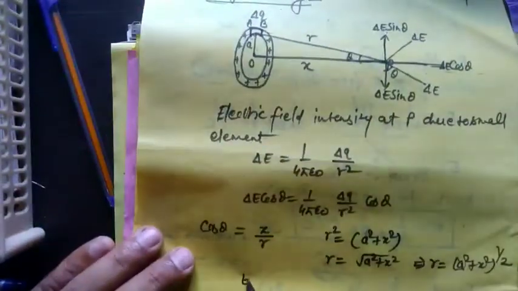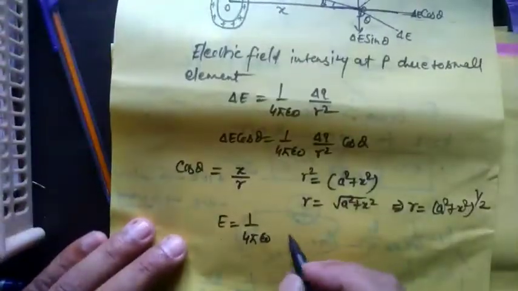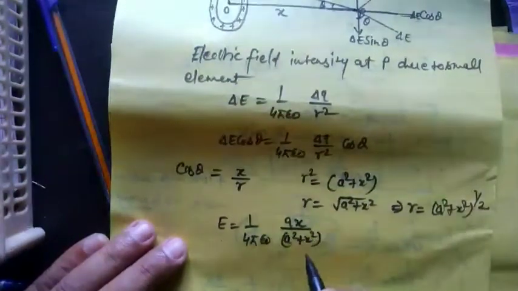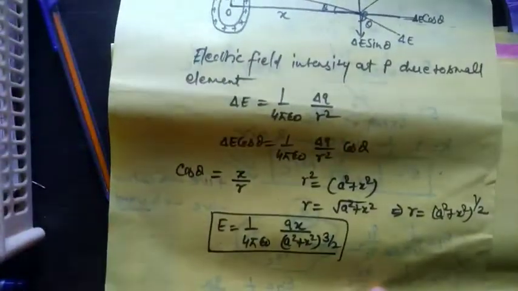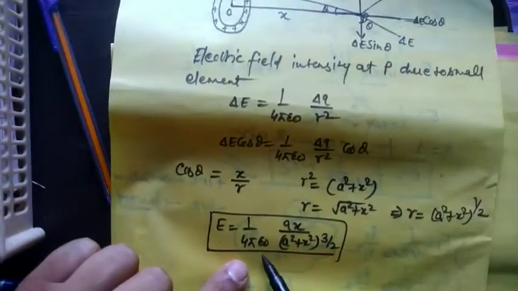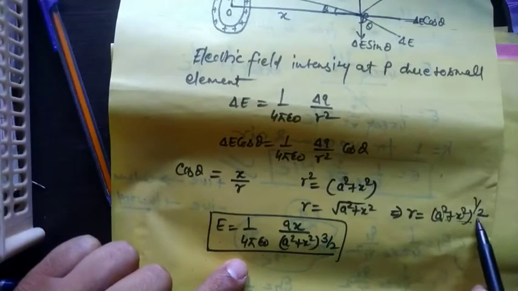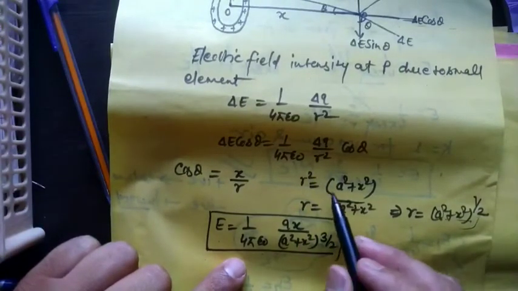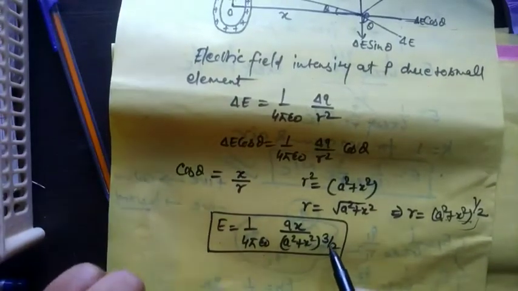Now the final formula is this: 1 upon 4 pi epsilon naught delta Q upon R square, with R square being a square plus x square, times x upon R, giving x upon (a square plus x square) to the power 3 by 2.